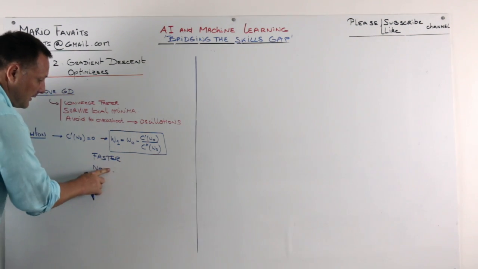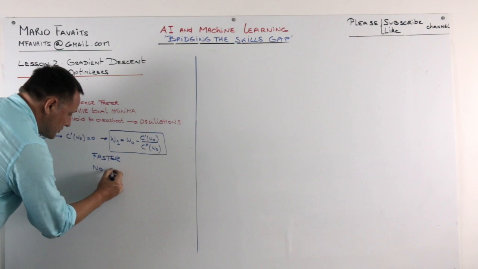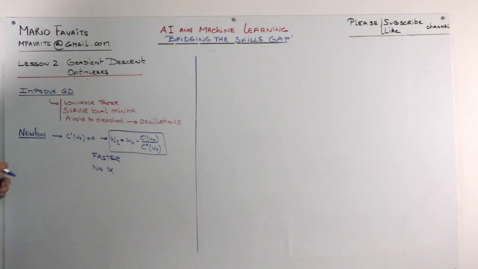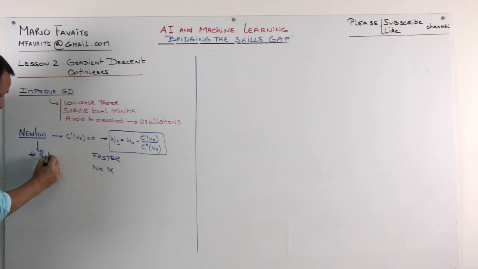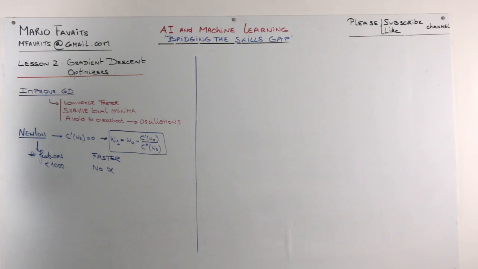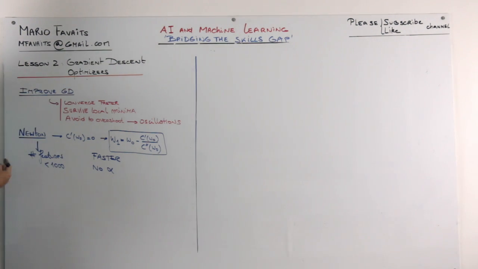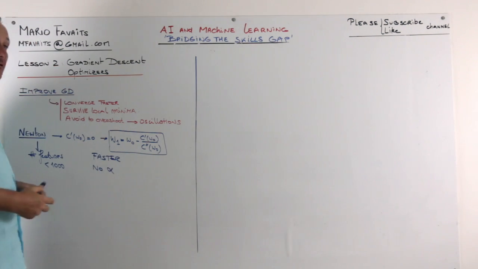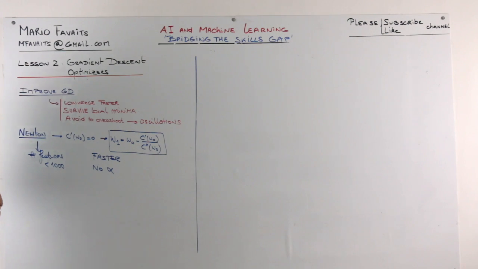So there's no hyperparameter to choose in this case. Typically this would be used when the number of features is less than 1,000. And all of this has to do with the inverse of the Hessian here.